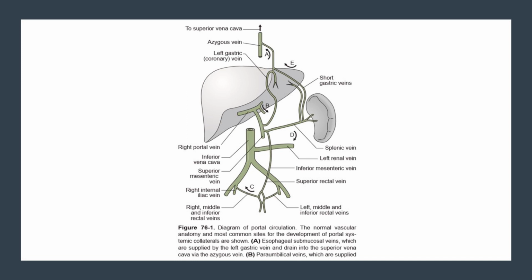Back pressure changes are going to cause collaterals to form here, the splenic vein to enlarge, the short gastric veins to enlarge. So you are going to get these varices coming up. What we are worried about are the esophageal and the gastric varices. We are not really worried about the umbilical varices or the rectal varices, because the chance of bleeding is maximum from the esophageal or the gastric varices.